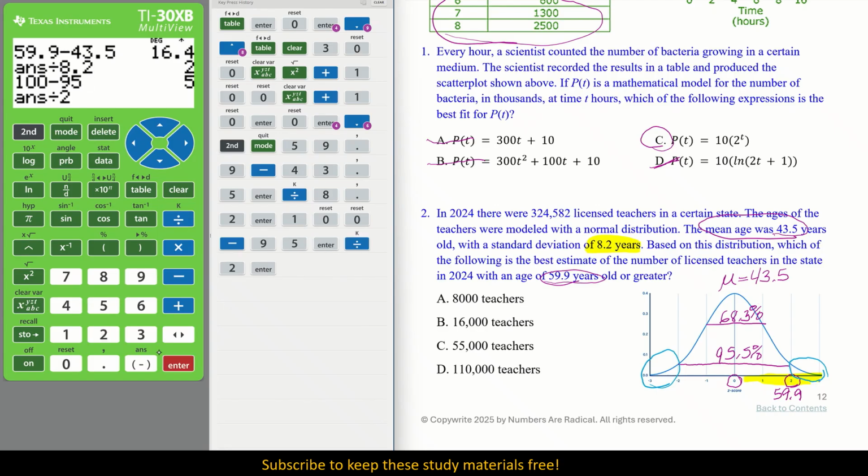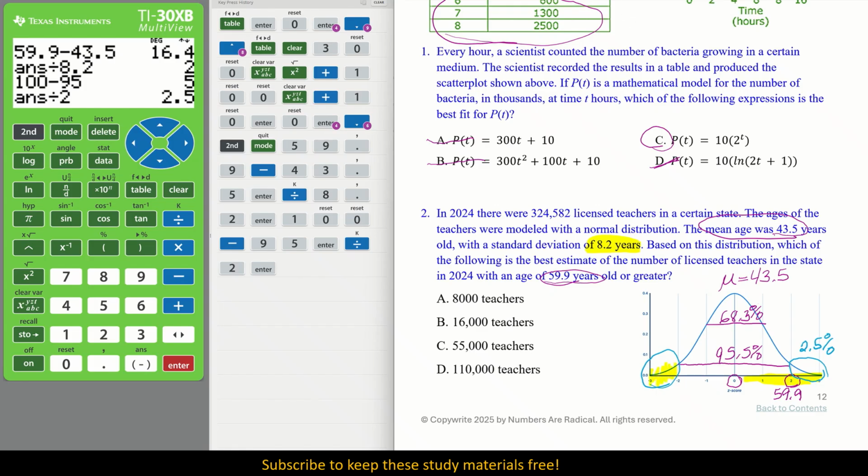We divide that by 2. That's 2.5% at this end. Remember, we need to find out who's older. We don't care about younger, which would be over here, this part.